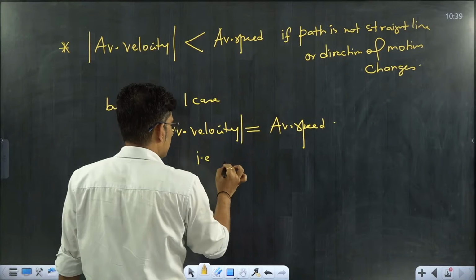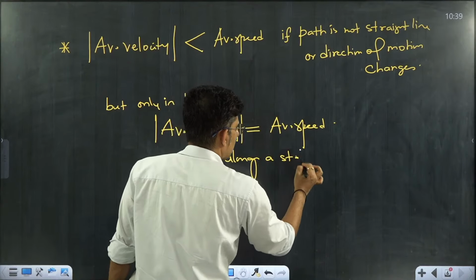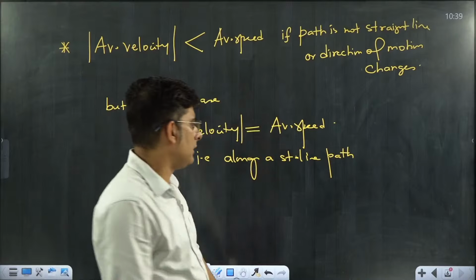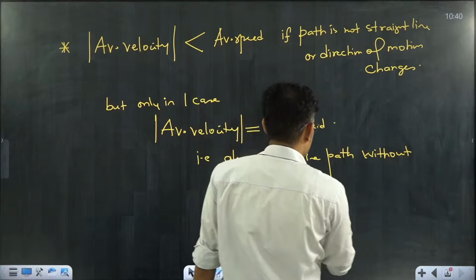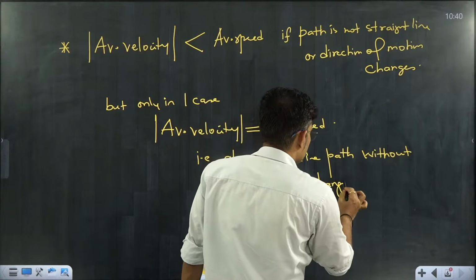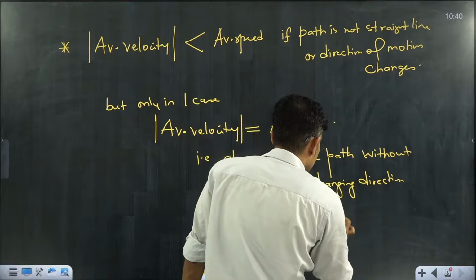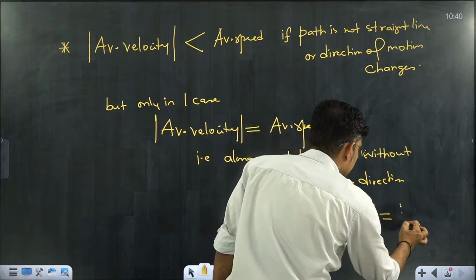That is, when you move along a straight line path and without changing your direction. Why so? Because in that case displacement and distance will become the same.